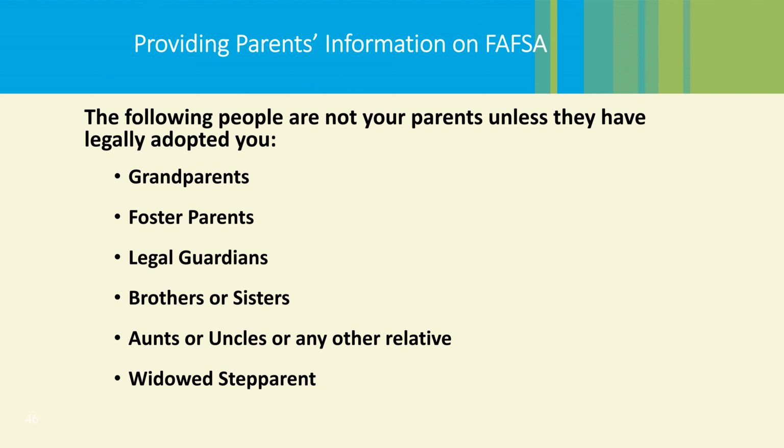The following people are never considered parents unless they have legally adopted the student: grandparents, foster parents, legal guardians, brothers or sisters, aunts or uncles, or a widowed step-parent. If you live with one of these people, you're probably going to be considered independent and not have to provide parents' information, but be sure you reach out to the financial aid administrator at the college that you are attending.